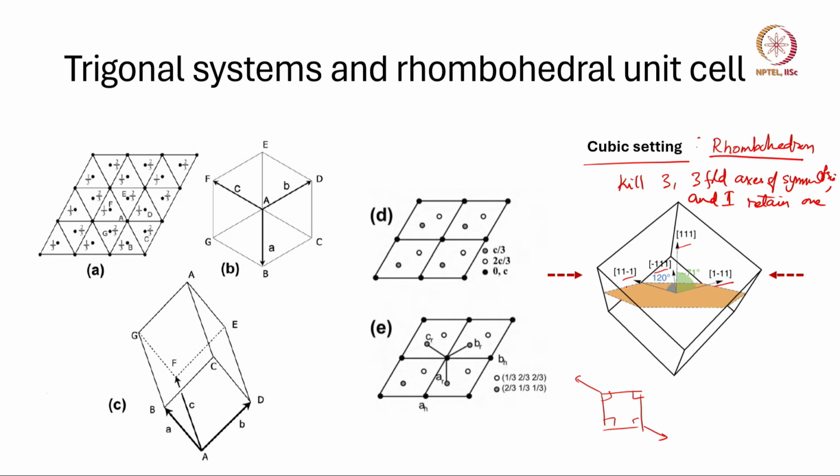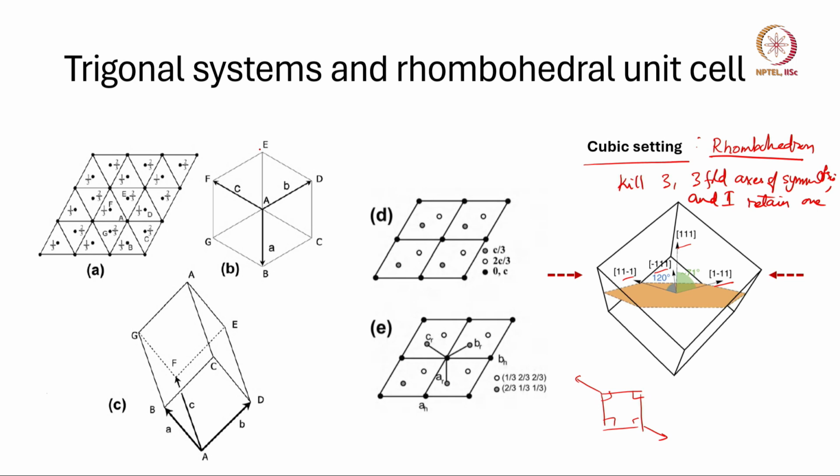Here the 1 1 1 axis is your 3-fold axis of symmetry. Instead of giving it complex indices, I am just going to call that 1 1 1 axis the C axis, and if the 1 1 1 axis is the C axis, then I have an underlying hexagonal unit cell, right?